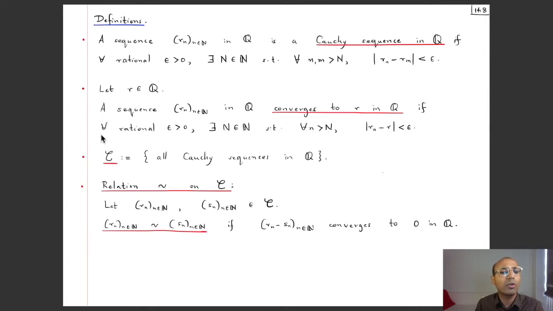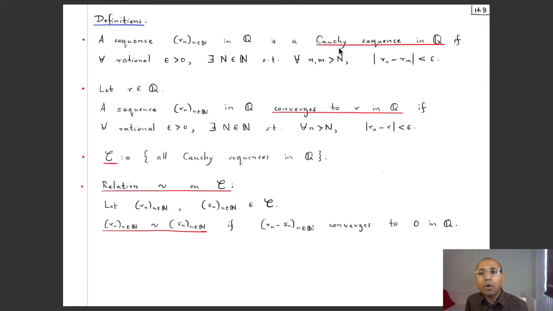So once again, for every epsilon positive, and this epsilon should be a rational number, there exists a capital N such that for every little n which is bigger than this capital N, the mod of Rn minus R is less than epsilon.